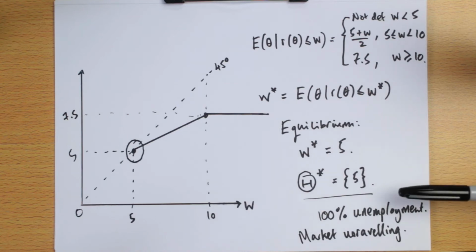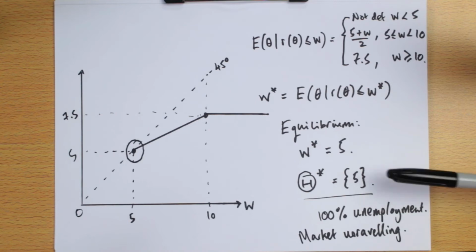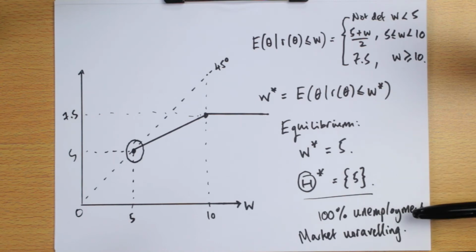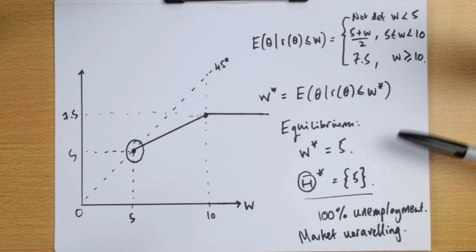You would intuitively think if we're going to just use one person, let's use the very best. But no, in a competitive equilibrium, as soon as we have asymmetric information in this particular parametric example, the only person who can be employed in equilibrium is the very worst type. This market has completely unraveled.